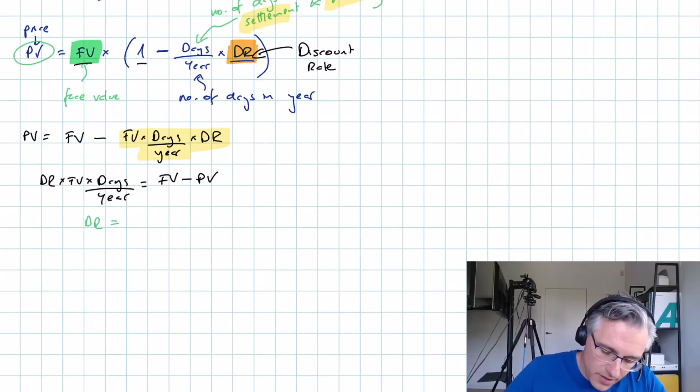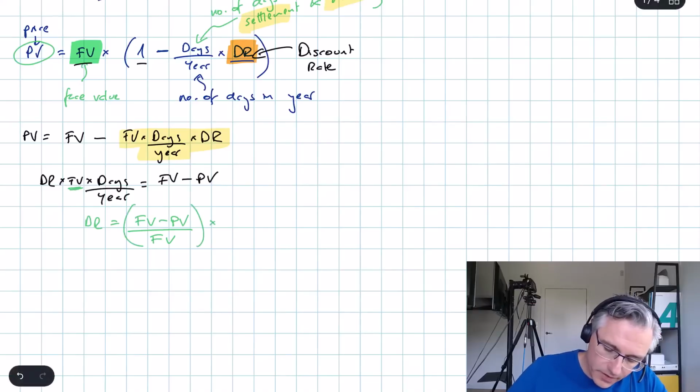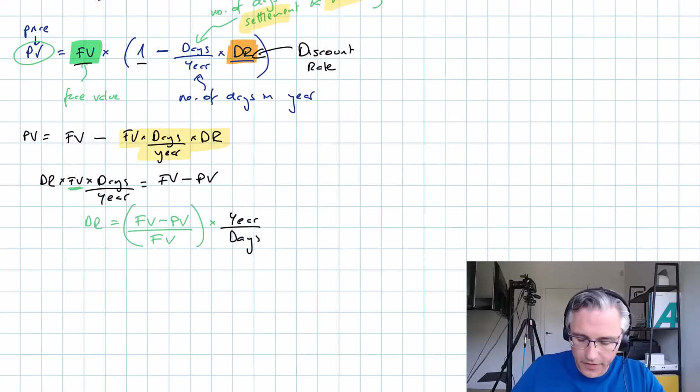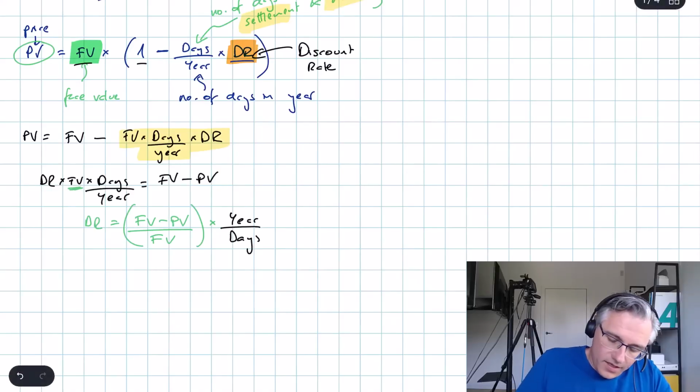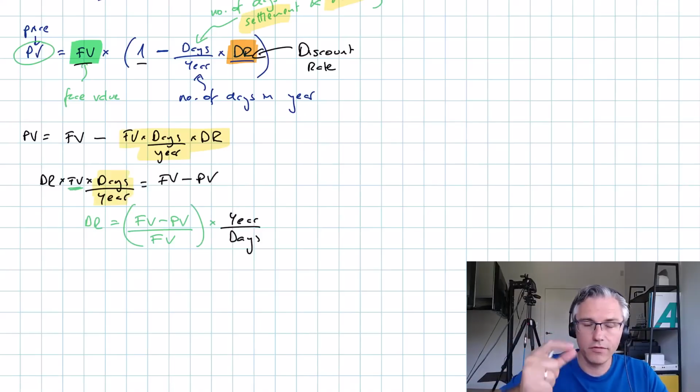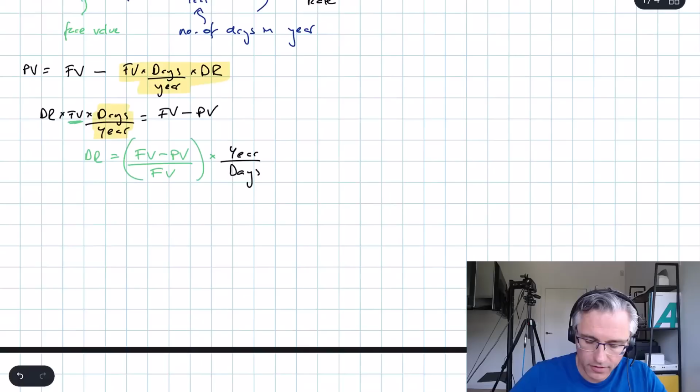DR simply equals (FV minus PV) divided by FV, multiplied by year divided by days, because I'm effectively multiplying by the reciprocal of this fraction.